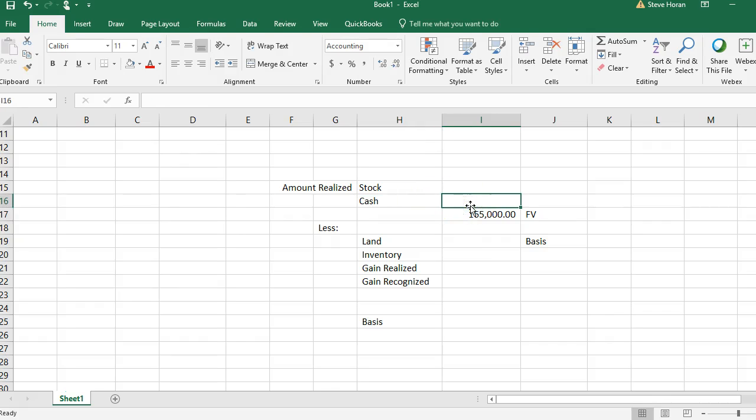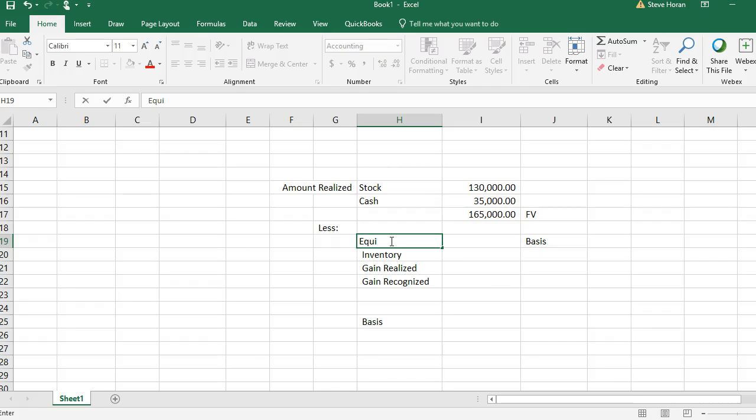So we know that 35,000 cash is going to come back. That means the difference is 130. So 165 minus 35, we can all do the mental math there, it's 130. And this wasn't land, it's now equipment, so let's call it equip. And the basis on that was 110. Oops, let me hit subtract.